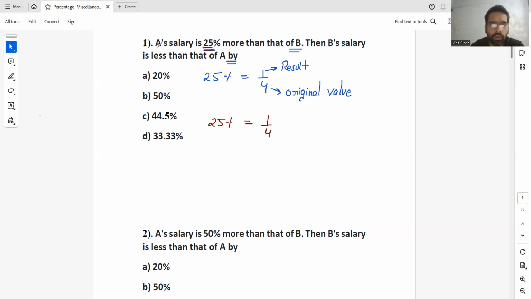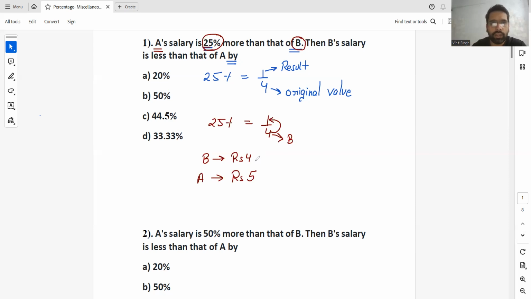Now the earning of A is based on the earning of B because A earned 25% more than B here. So 4 will act as the earning of B. So B earned rupees 4. And A earned 25% more than B, then A's earning will be 4 plus 1, rupees 5.